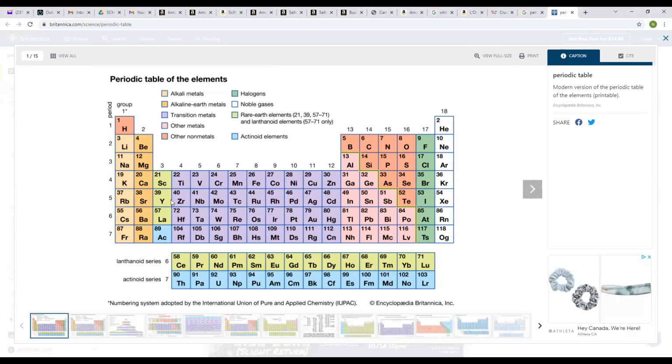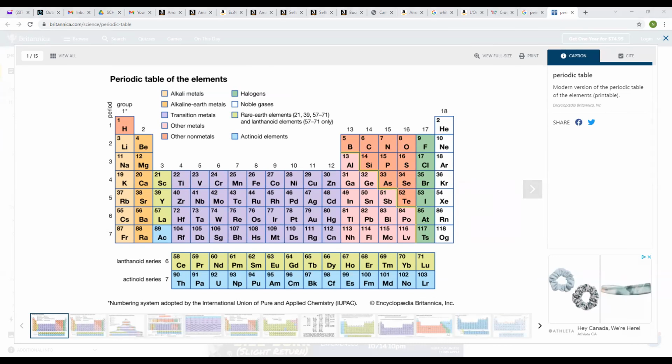So exactly, it all has to do with how many electrons they have in their valence shell. The number of electrons in their valence shell determines their chemical reactivity and their behavior.